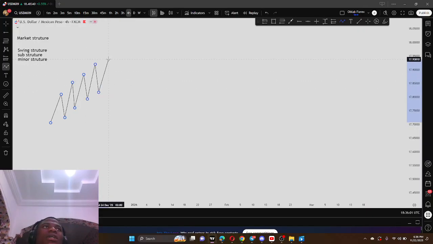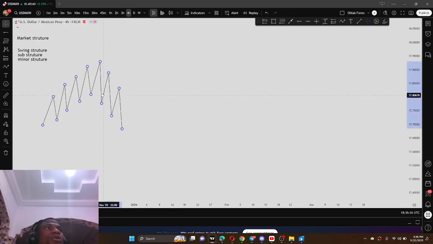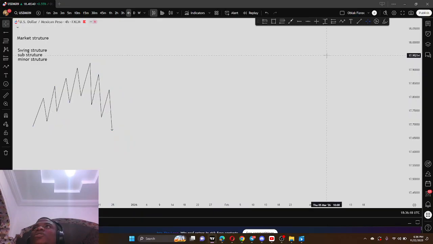That is simply how I can explain structure in a layman's understanding, just how the market is moving. So this is just structure to me. That's a simple way to keep it simple, not to get confused about anything.